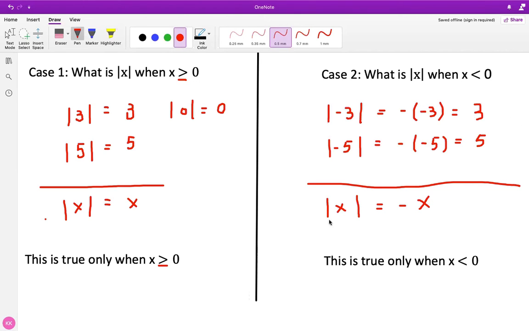So what is the absolute value of x when x is smaller than 0? In conclusion, I need to put the negative sign here to cancel out the negative value. That's why the absolute value of x can also equal -x, and this is true only when x is less than 0.